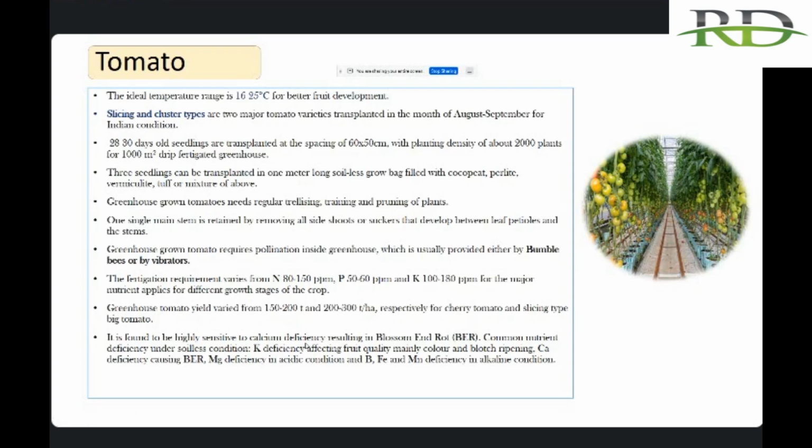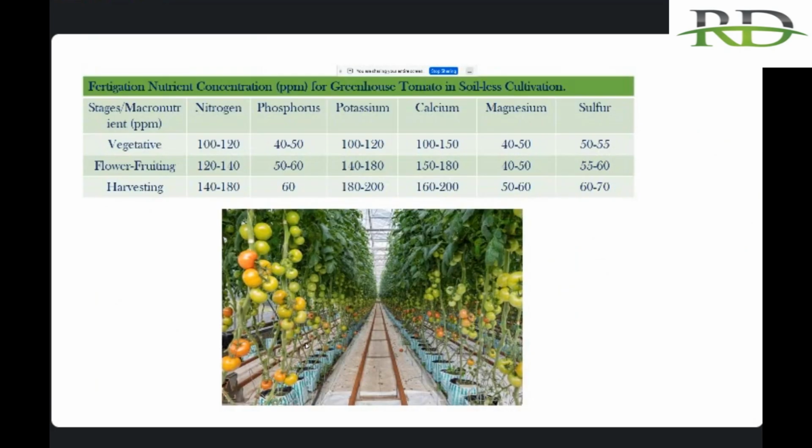So we need to check the calcium concentration properly in the fertigation system. This is the fertigation schedule of tomatoes in different stages in ppm.